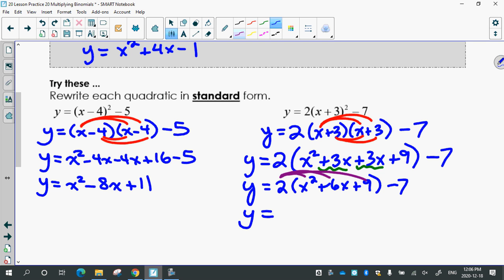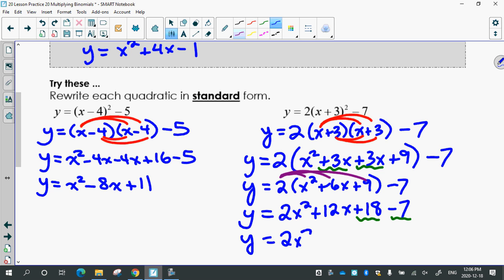The negative 7 doesn't get multiplied by 2 because it's not in the bracket. And then the very last step is you have to combine the positive 18 and the negative 7. So y equals 2x squared plus 12x plus 11.